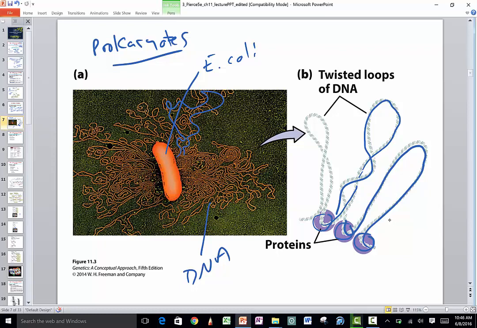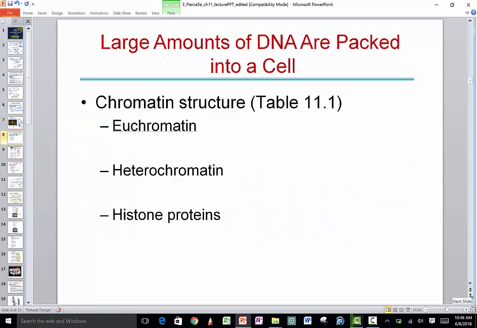You might twist this and supercoil it, so you can have supercoiling just to help pack it in there. And there are probably other proteins, and I'm certain there are other proteins that are associated with this DNA that just aren't shown here. But it's not going to be the histones and that sort of thing that we see with eukaryotes. So we're really most interested in eukaryotic chromosome structure.